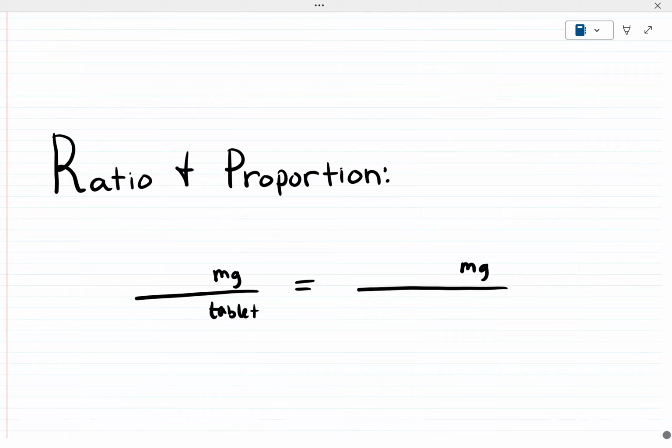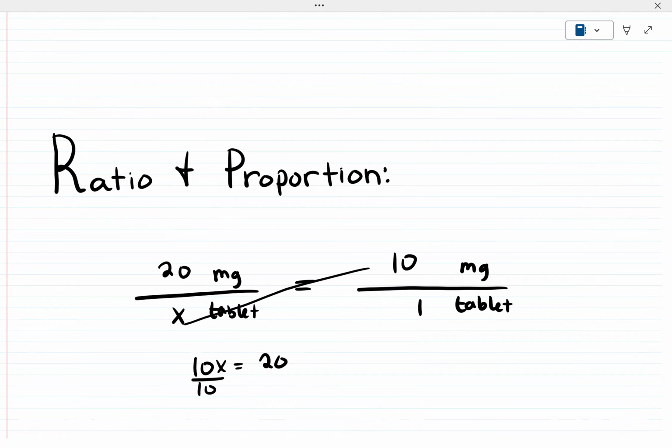So we know that 20 milligrams is X tablets, and we were also given one tablet is 10 milligrams. Then go ahead and cross multiply. So that's 10x equals 20 times 1, which is 20. Solve for x, so you divide by 10, and you get 2 tablets.